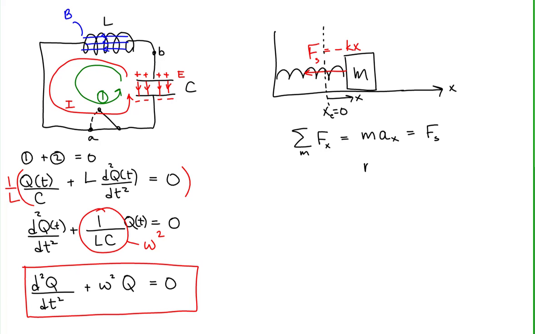So taking Newton's second law and rearranging, we get the product of the mass and acceleration minus the spring's elastic force is equal to 0. Now remember, acceleration is the second derivative of position. And the elastic force is given by Hooke's law as minus kx, and this is equal to 0.